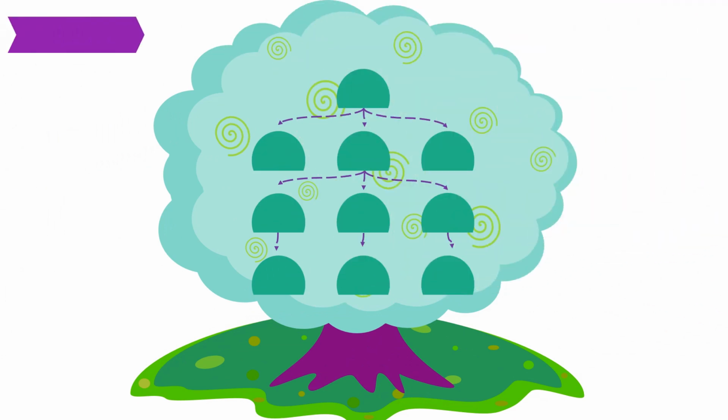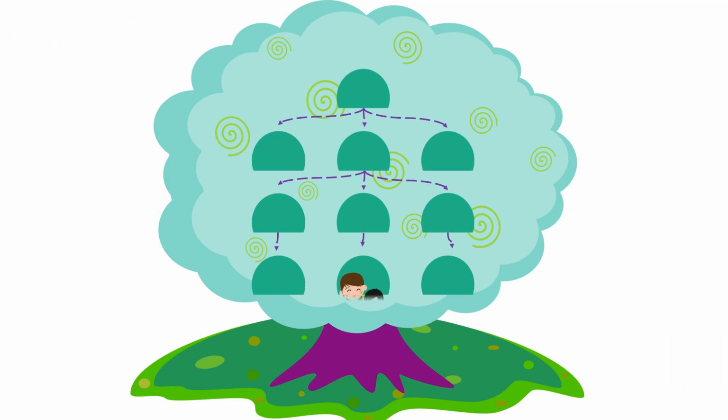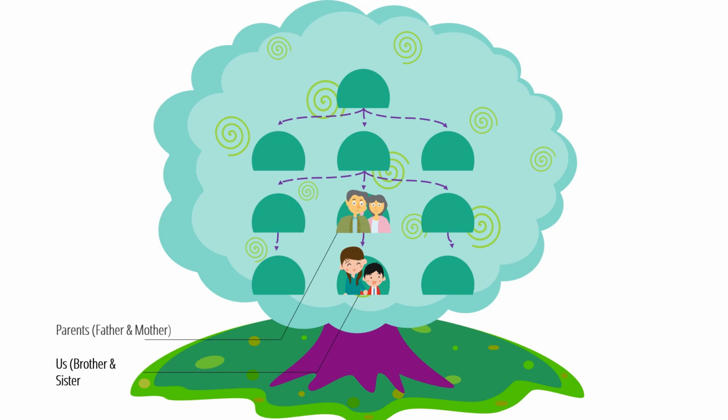Let's revise the family tree and know the family members and their relationships. This is us, brother and sister. They are our parents. They are our father and mother. We are their children.